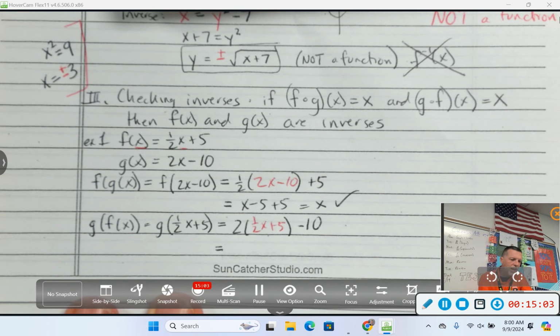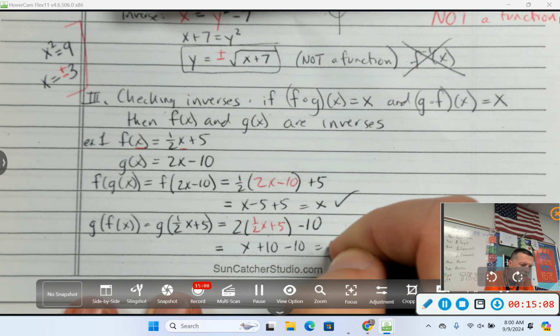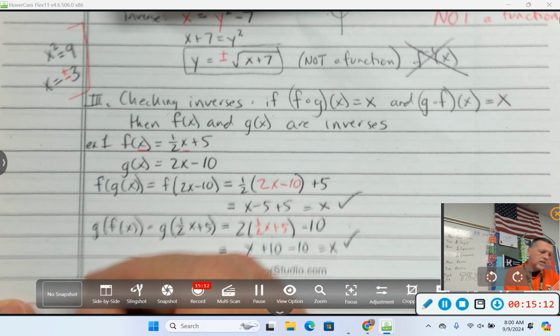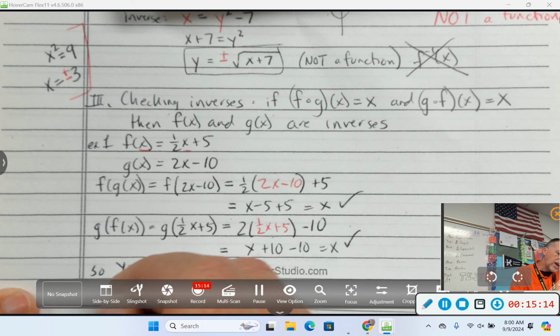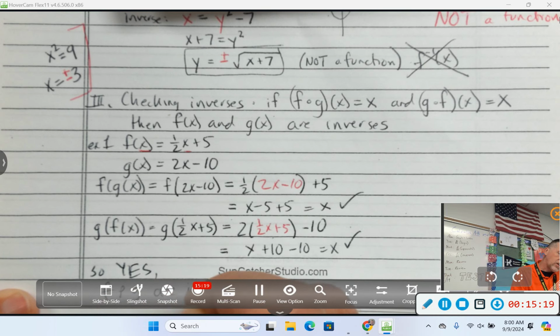And once again, let's see, that would be x plus 10 minus 10. That equals x. So yes, f and g are inverses.